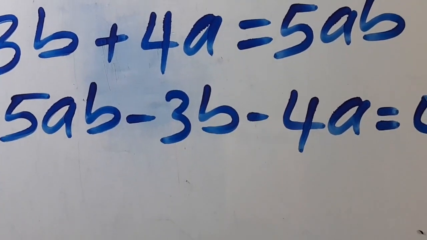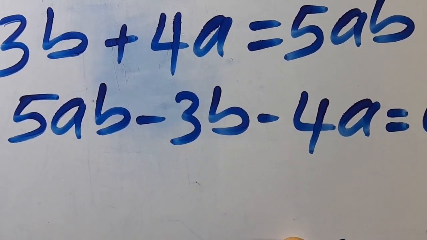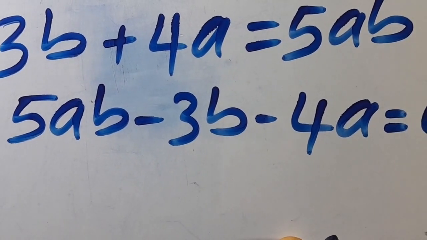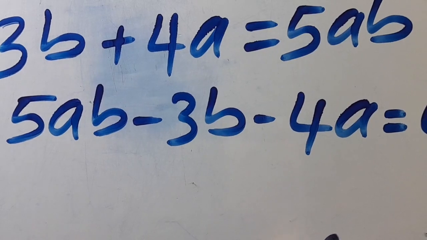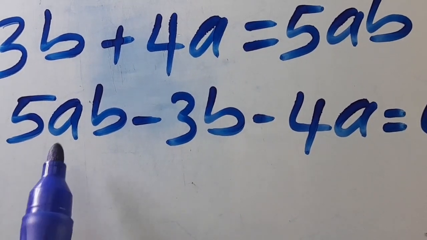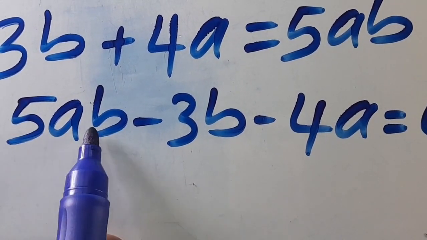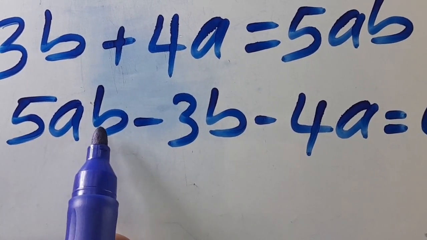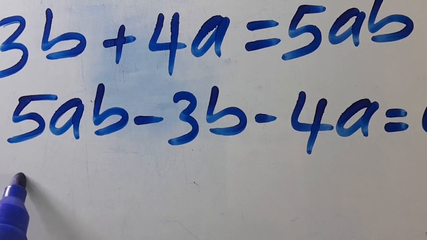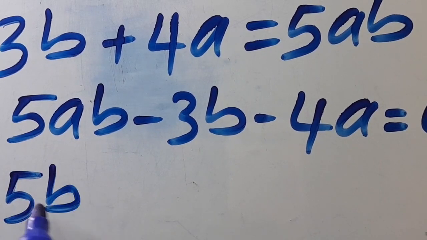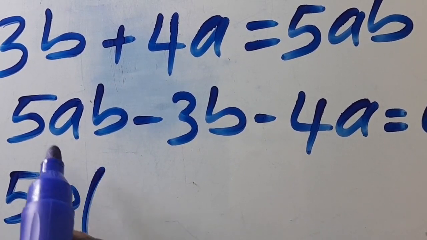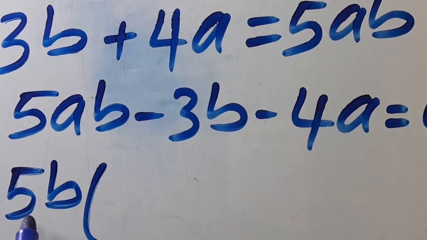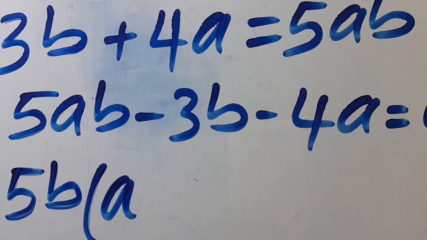Then from here, we must know that we want to factor 5b from here. Let us factor 5b from here. So when we factor 5b, here will now be 5b. Then here will now be 5ab divided by 5b, which is a.